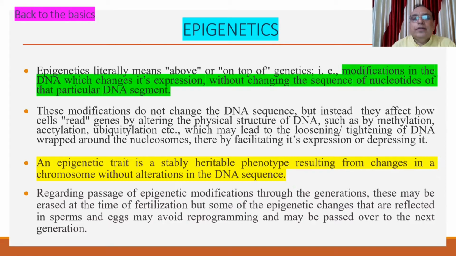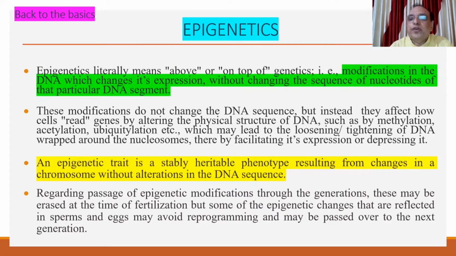Epigenetics, as the word indicates, is above and over genetics. The genetic information in our case is encoded in the DNA as a sequence of nucleotides, that is adenine, thymine, cytosine, and guanine.